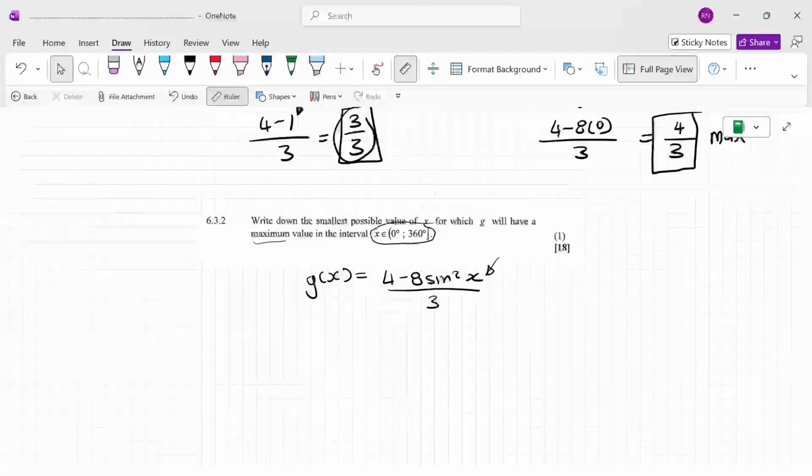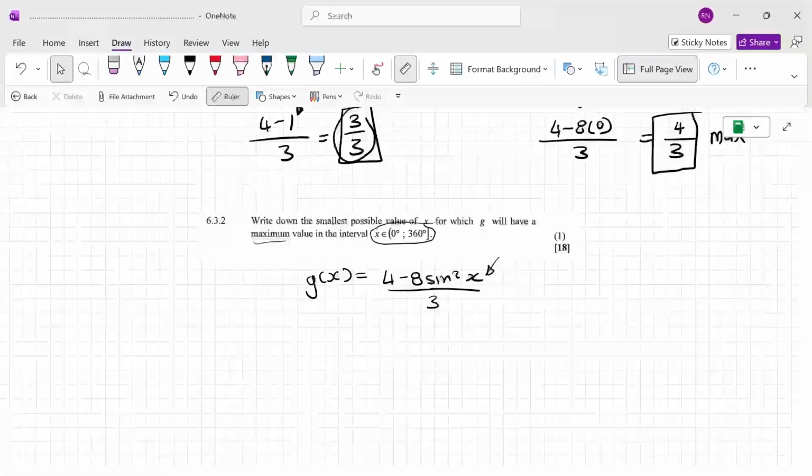What is the smallest possible x value for which g will have a maximum value in that interval?